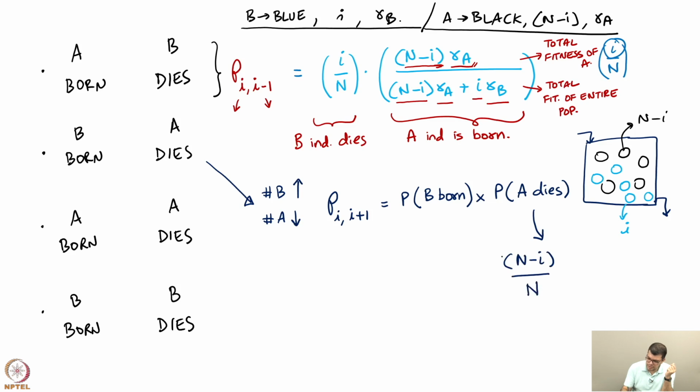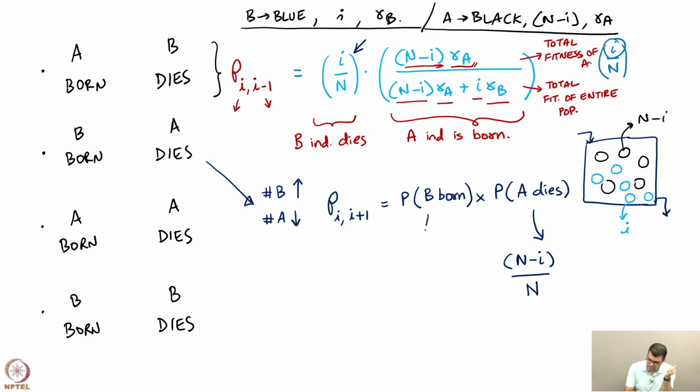And you should see this is the exact formula we wrote here, because this was the probability of B dying, which was proportional to the number of B type individuals, and now we are writing the probability that an A individual dies, which is proportional to the number of A type individuals at this point in time.